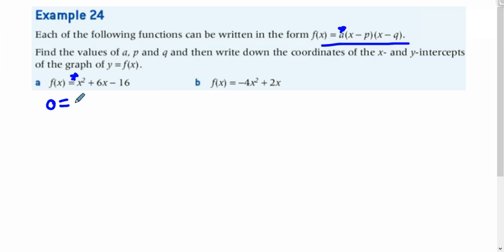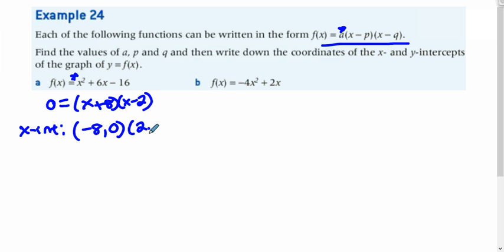So I'm going to find my two x-intercepts. I'm going to factor this, and I get x plus 8 and x minus 2. Therefore, my two x-intercepts are (-8, 0) and (2, 0). Now that I know my two x-intercepts, I can write this instantly into intercept form. f of x equals, my a value was 1 so I don't have to write that, x minus p, so (x plus 8) times (x minus 2).